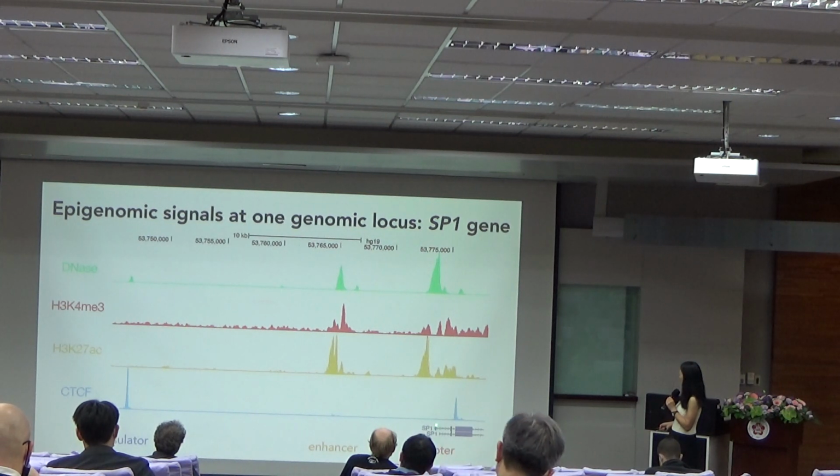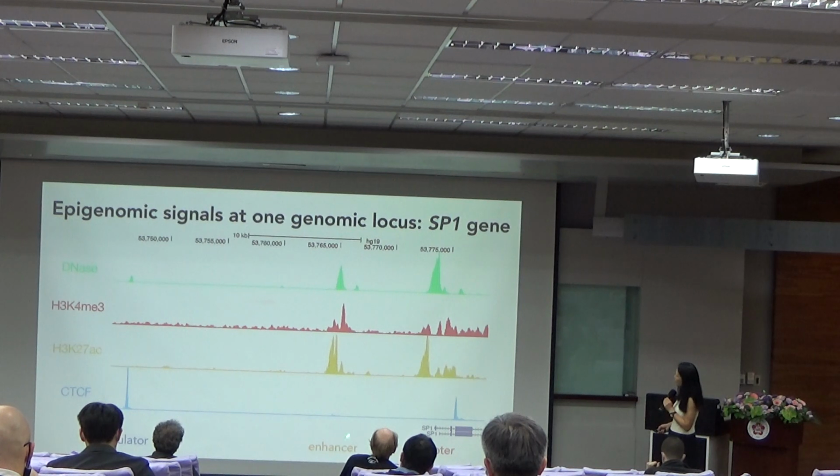Transcription starts right here. And it's typically exemplified by open chromatin regions flanked on two sides of this open chromatin region by characteristic histone marks. So high H3K4me3 and high K27 acetyl.